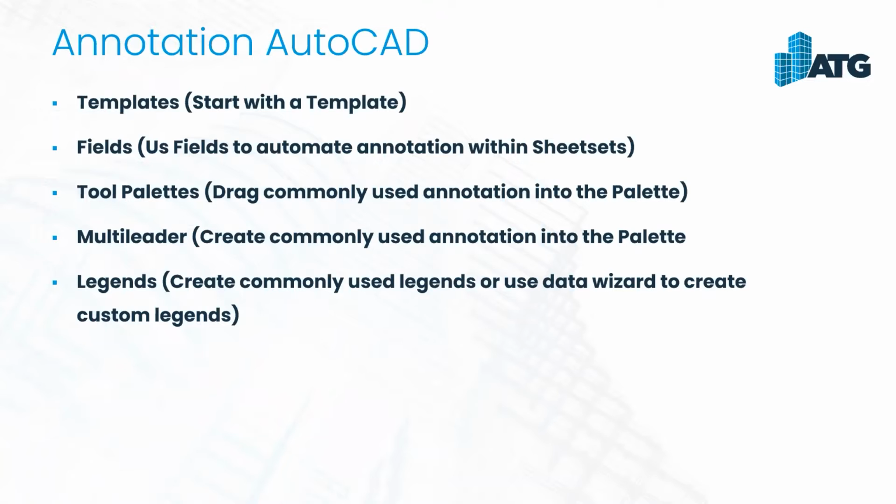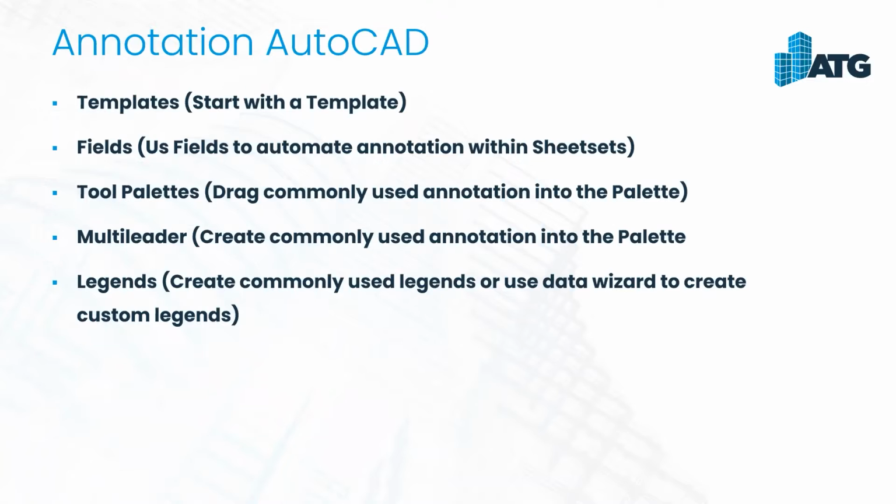Tool palettes. I'm going to show you how to drag some multi-leaders and some text and how to use tool palettes to annotate things. Why are we constantly typing in "remove this" and that? Why don't I have that in a palette so you can just drag it in? Same thing with multi-leaders. Create commonly used annotation in your palettes so you don't sit there all day. We have some general things that we always create, so why are we constantly typing those in?